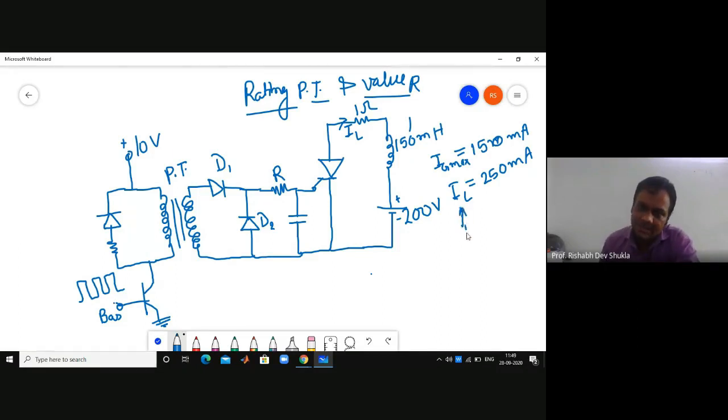Actually, IL is your latching current. This is your latching current, and holding current is given as 150 milliampere. Minimum gate current, Ig minimum, is 100 milliampere.